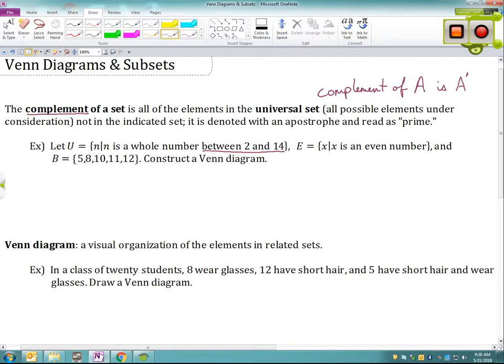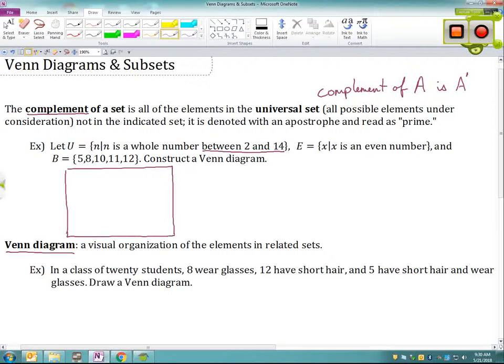A Venn diagram, also defined down here, is a visual organization of the elements in related sets. It shows bubbles or boxes, and they show us how the sets relate to each other. So we're going to make one of those. The box is going to represent the universal set.